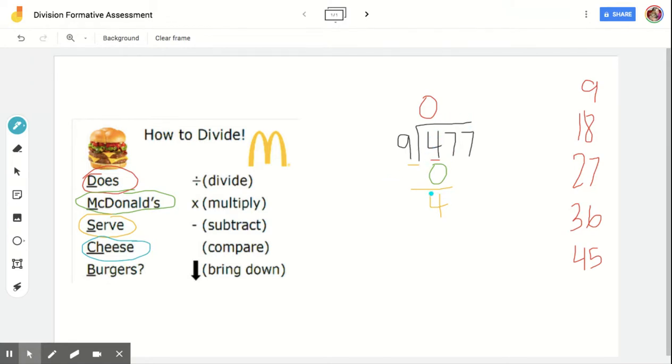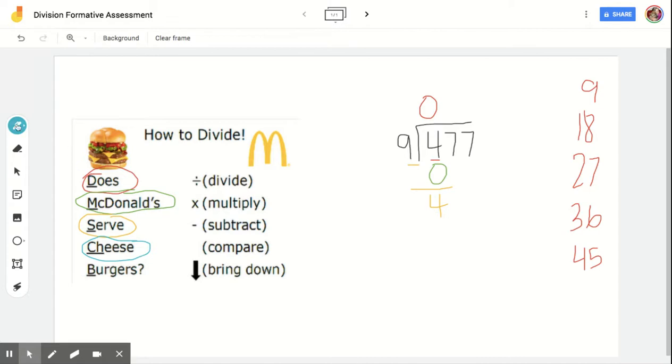So you're going to check and make sure the number you got after you subtract is smaller than the number that you're dividing by, the divisor. If this number is smaller than the number you're dividing by, then the check works, and you can move on. If the number you get down here is bigger than the number you're dividing by, there's a problem. That means you didn't multiply by enough times to get as close as you can.